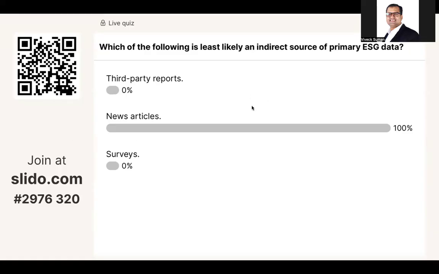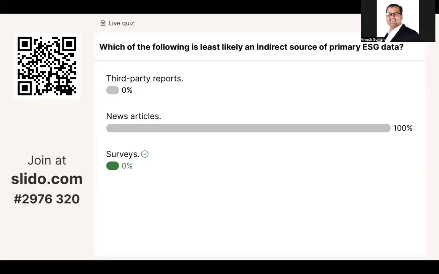Okay, so everybody has said a news article is not a primary ESG data source. Rather, surveys are not. Remember, in ESG, controversies are a major topic. Anything in a news article about your corporate governance, that they have cheated so many customers, or customers are complaining, or a disaster has happened, a gas leak, etc., is primary data. It is an indirect source, but it is primary data.